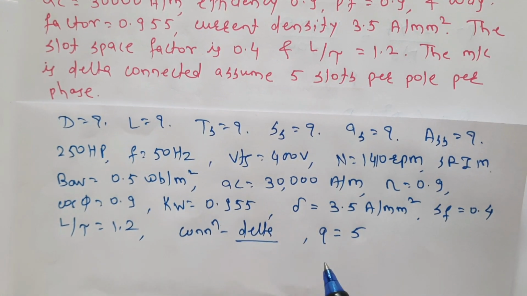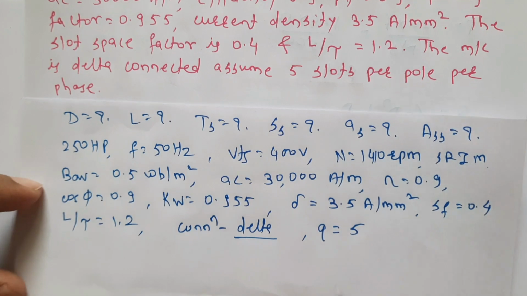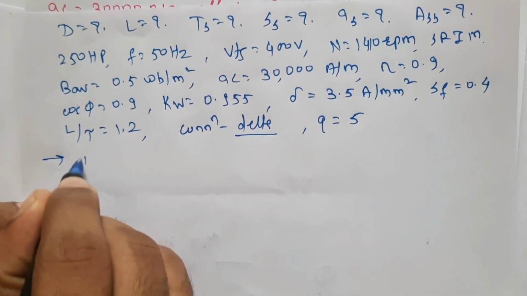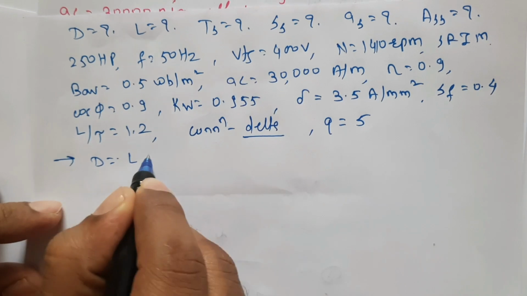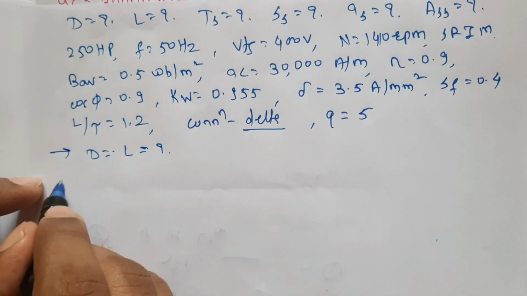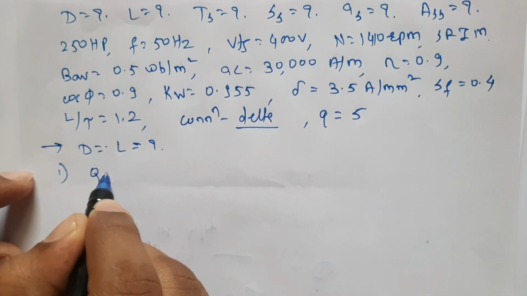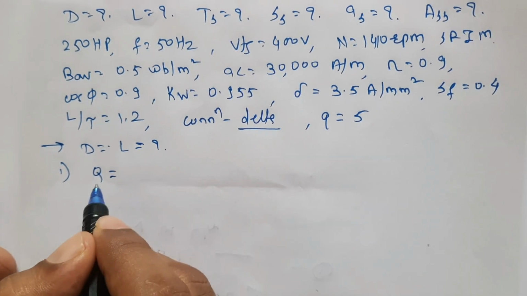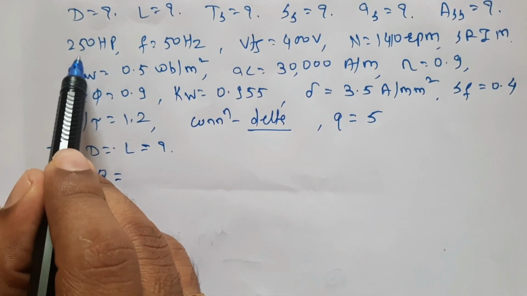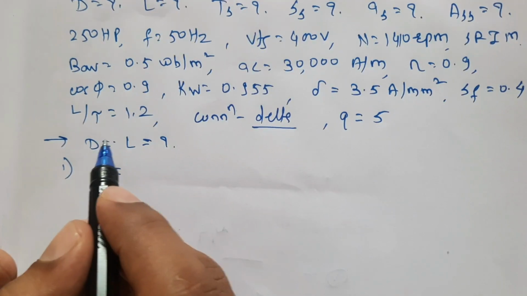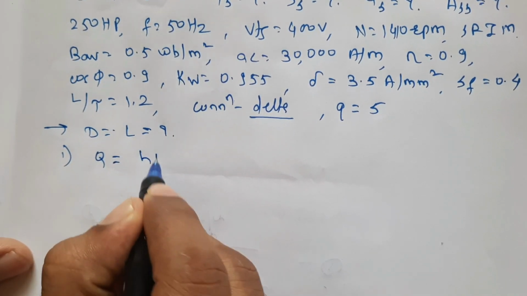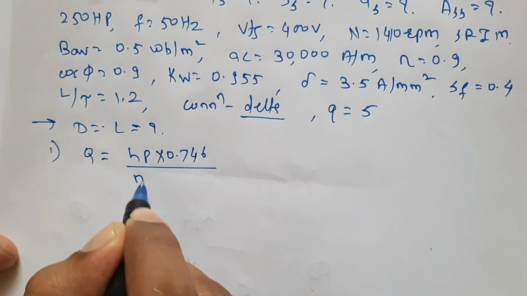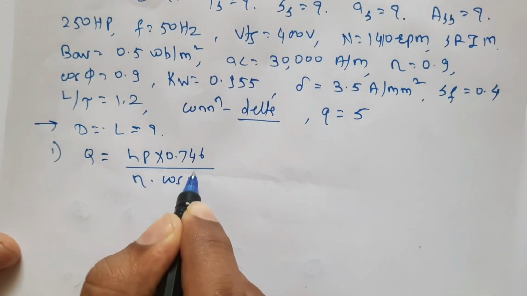Now, first we will understand how to solve the problem. To find D and L, first we will find Q, that is rating of motor in kVA. In this problem the motor output is given in HP, therefore Q is HP into 0.746 divided by efficiency into cos phi.